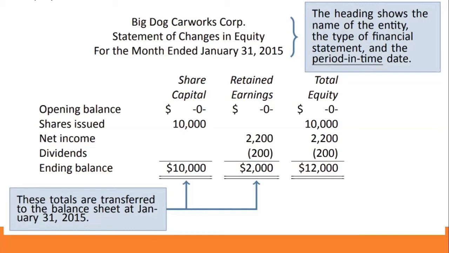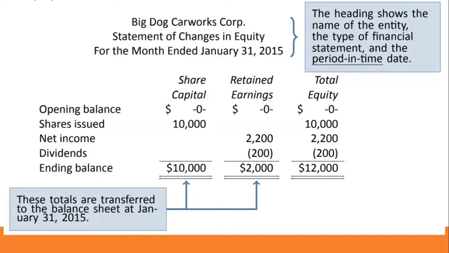Additionally, $200 of dividends were distributed. So these are subtracted from retained earnings. So Big Dog's retained earnings were therefore $2,000 at January 31st, 2015, as shown in our example.